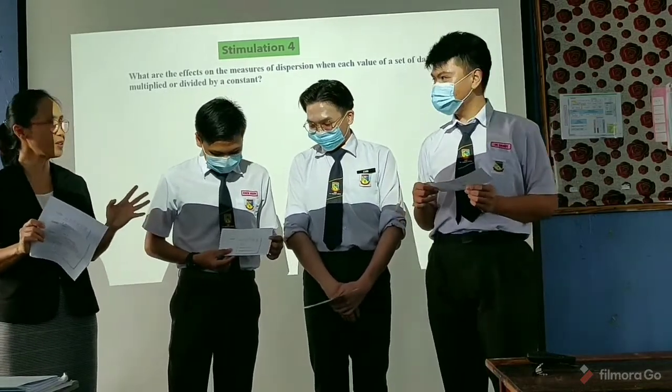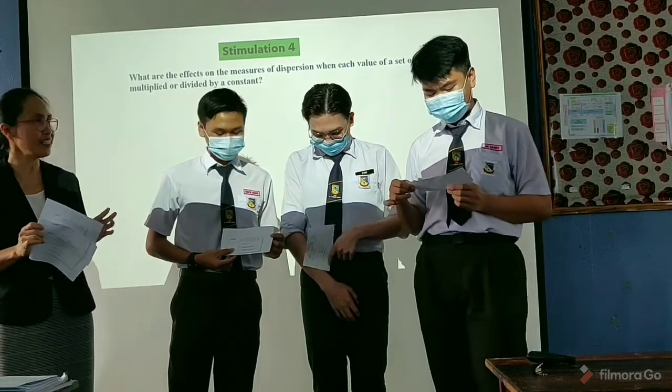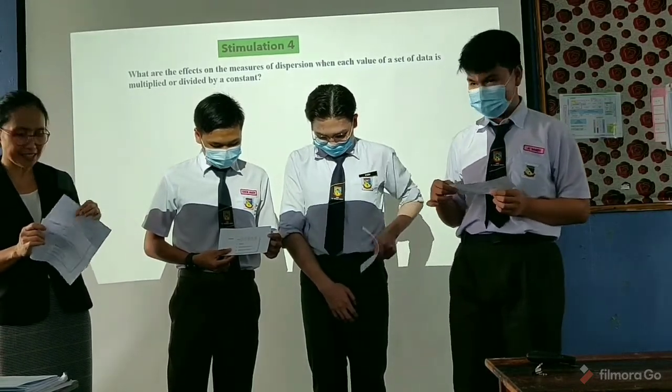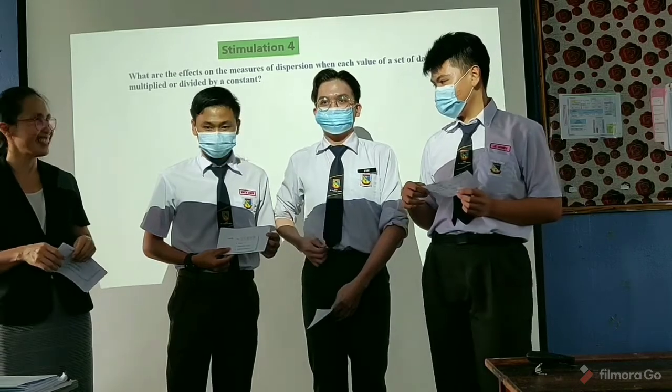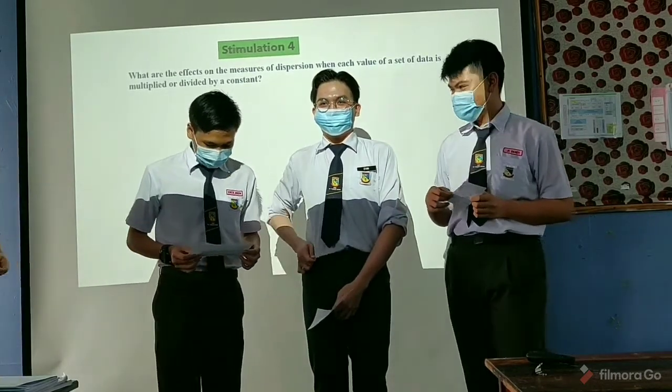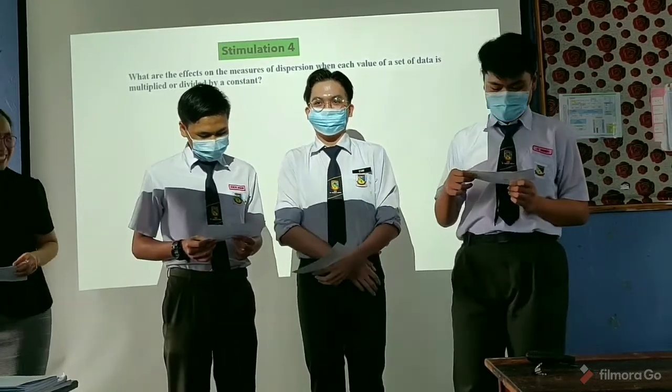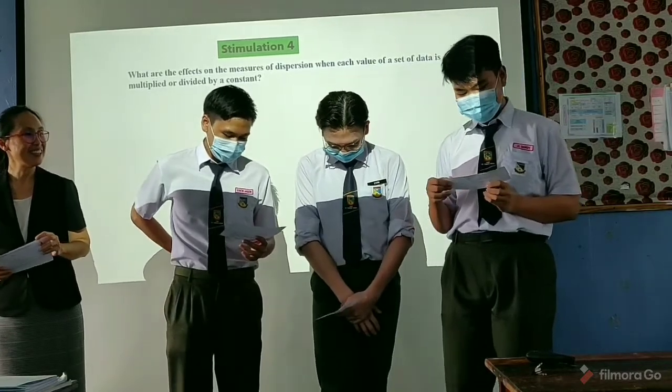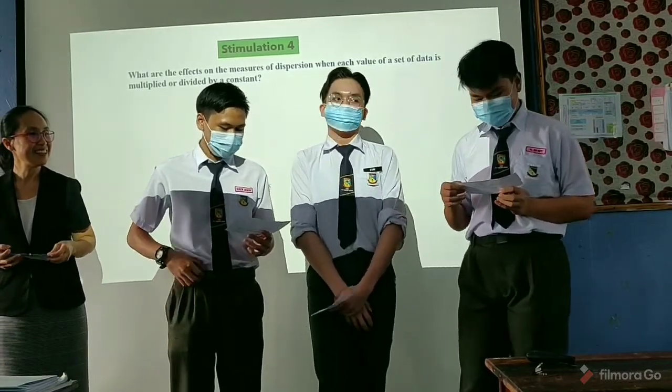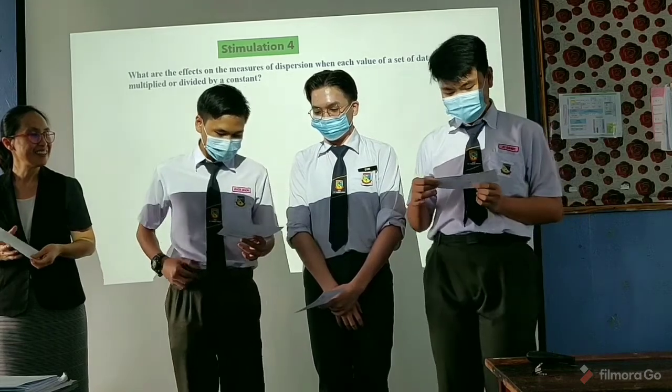So this group has found the answers. Let us hear from them what their discovery is. The original data shows that the range is 18, the quartile range is 15, and the standard deviation is 6.85857.